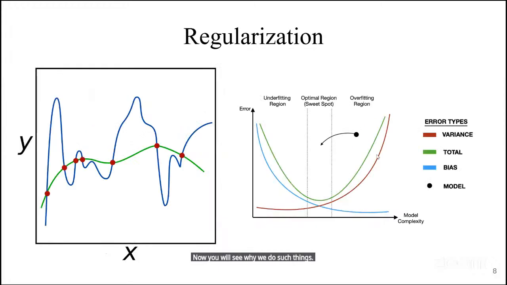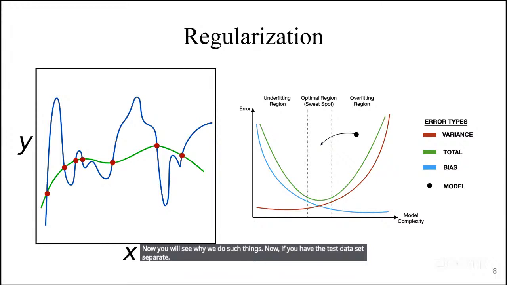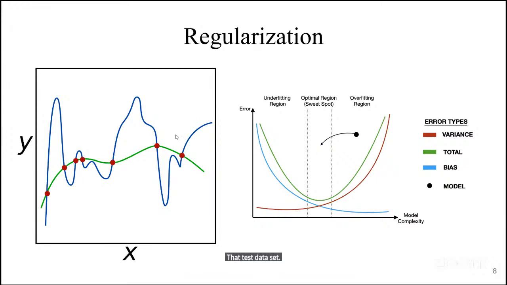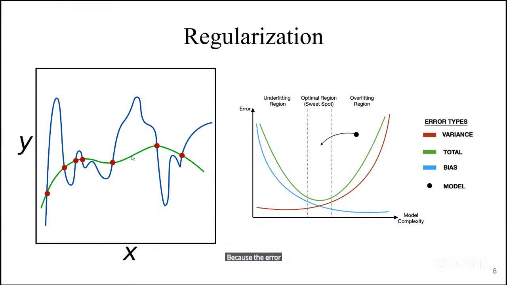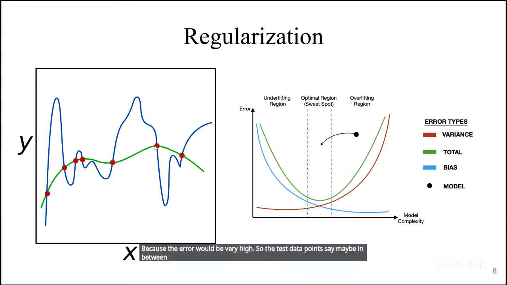Now, the test data set is something the model has never seen during training. If you use that test data set to check the accuracy of the model, you will see that the green one will perform better and the blue one will perform really poorly because the error will be very high. Say the test data point is in between these two red points.